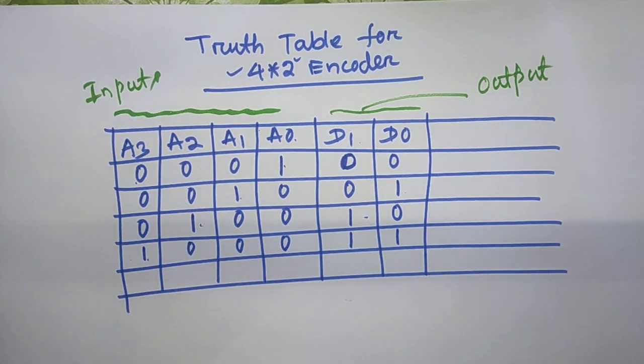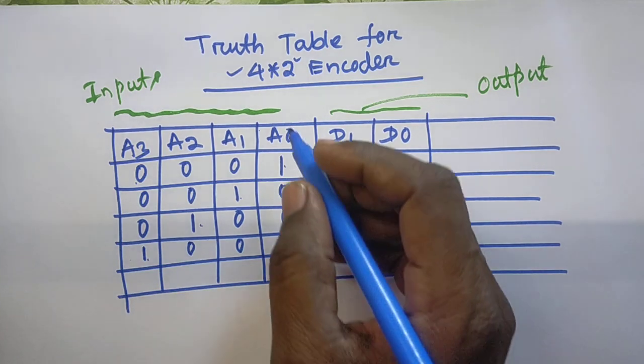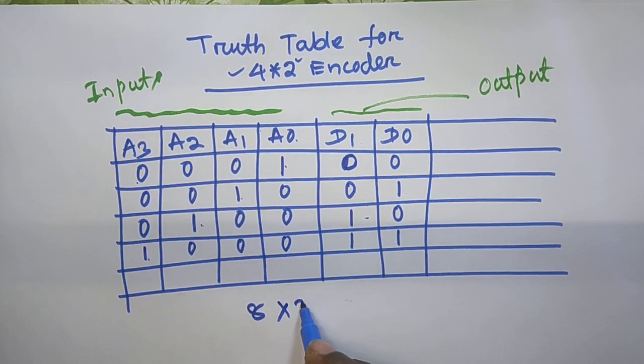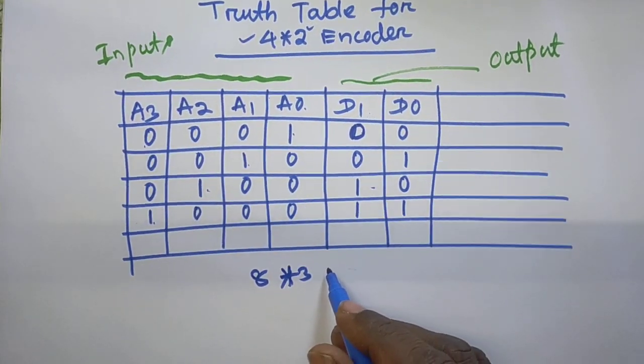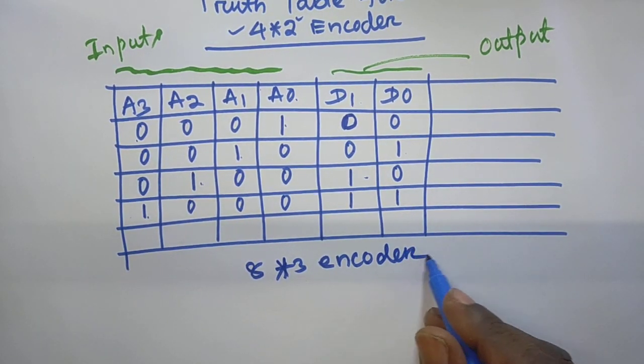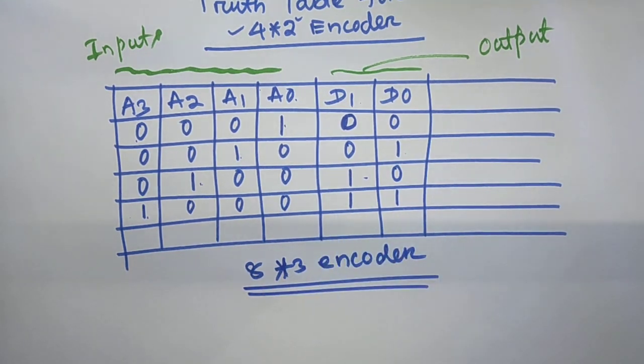Similarly, we can also design an 8-3 encoder. This is the 4-2 encoder. Similarly, we can design an 8-3 encoder. Okay, the 8-3 encoder we can also design. It is very simple. If we understand this 4-2 encoder, we can also design and define the 8-3 encoder. It is a very simple way.